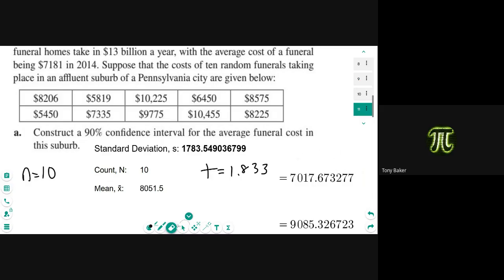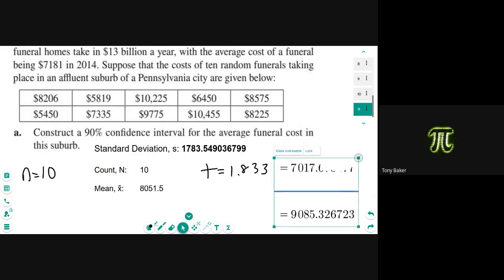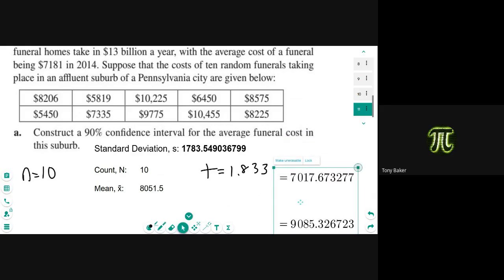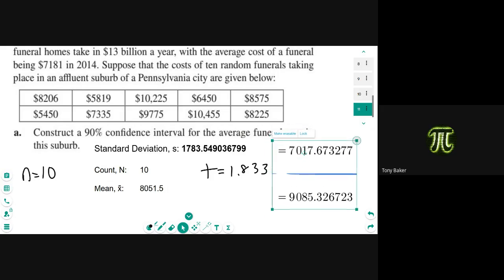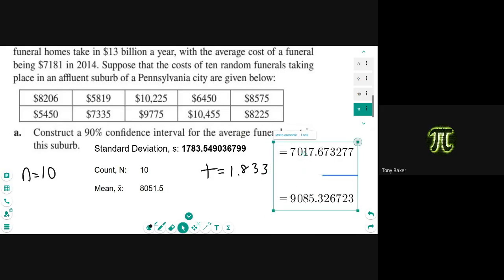All right, so you've got those two numbers.